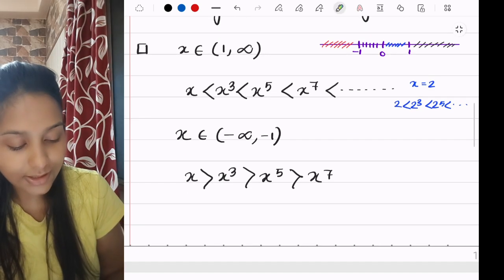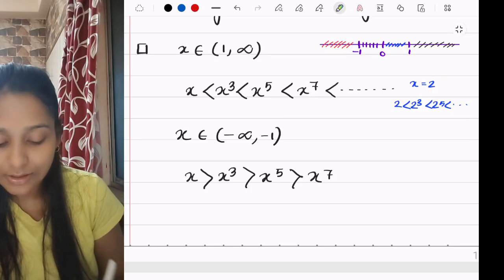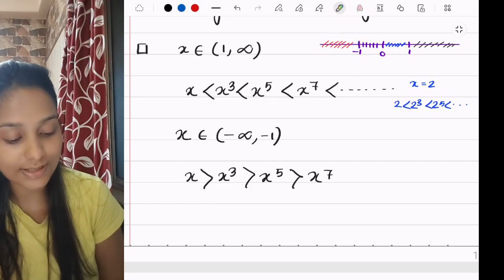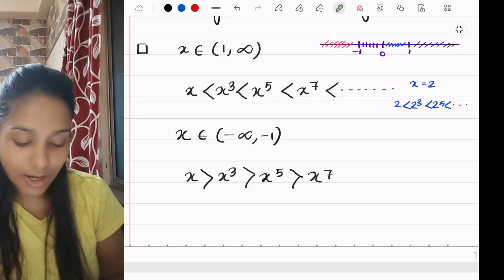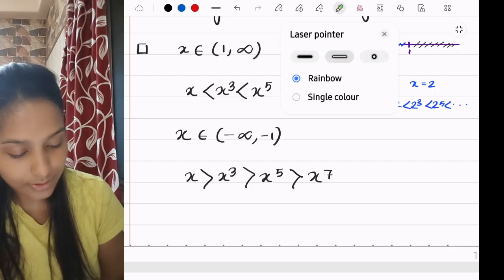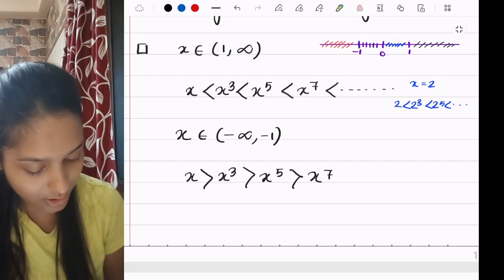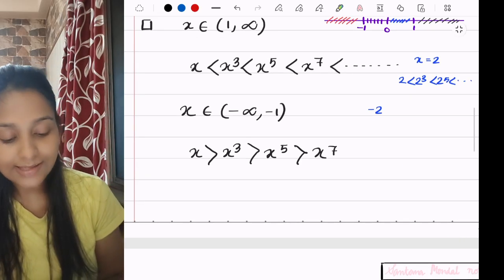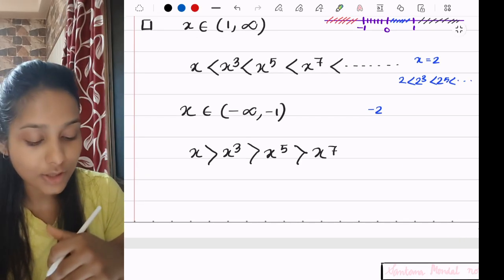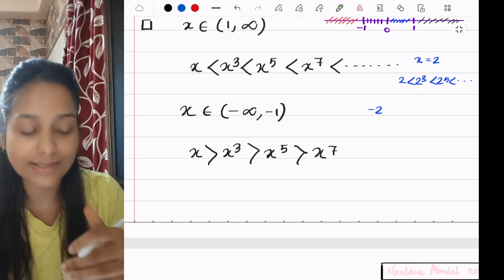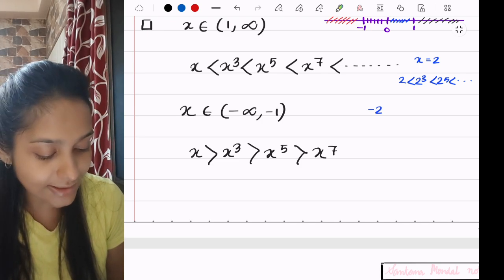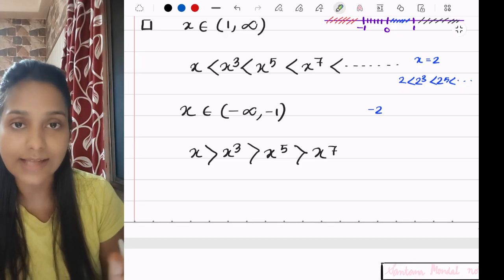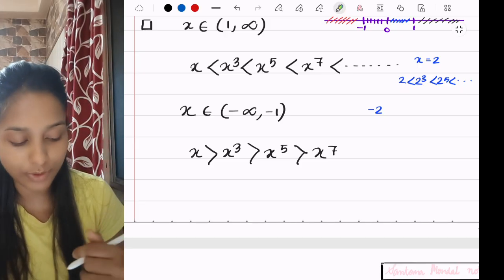Now let us see what happens in the minus infinity to minus 1 interval, which is this interval here. Again, let us take an example like minus 2. As we have the odd powers, each power will get a minus sign, and if we add a minus sign in this inequality, the direction of the inequality will change.